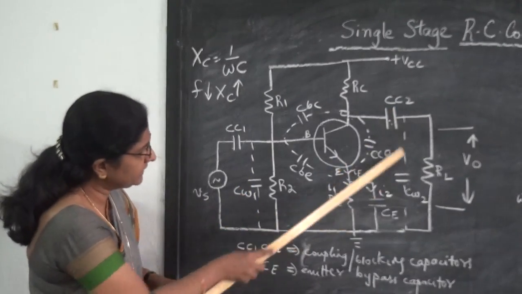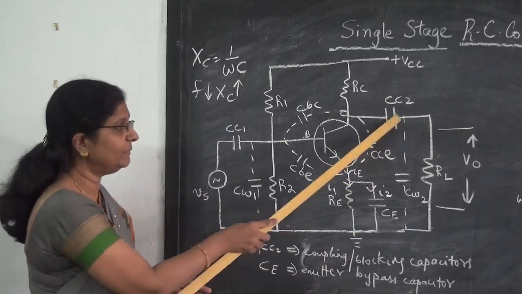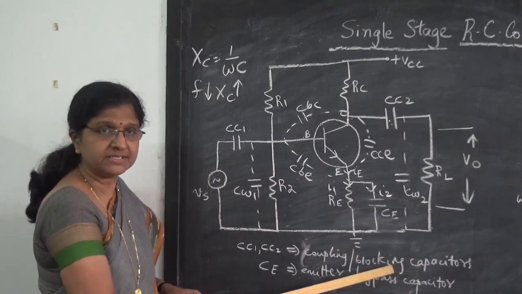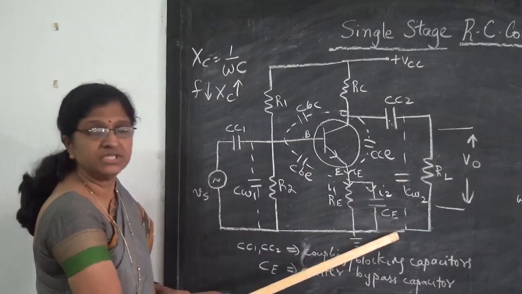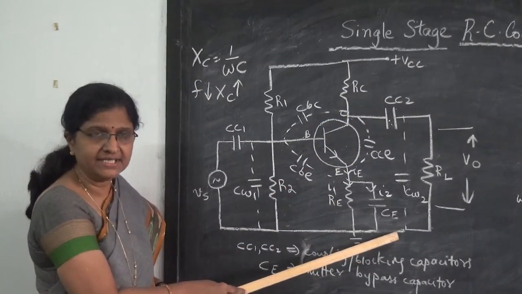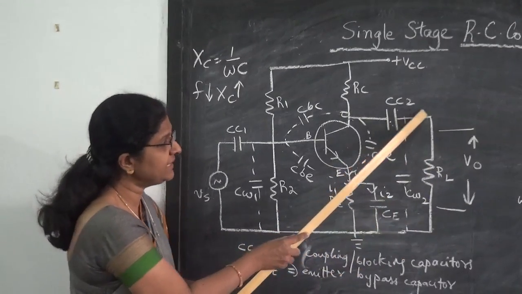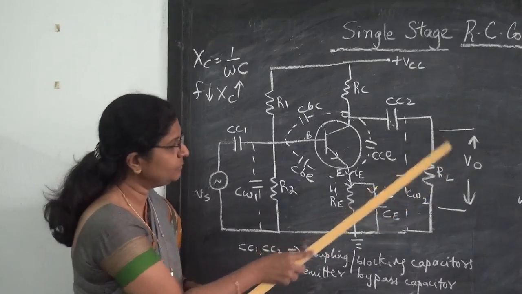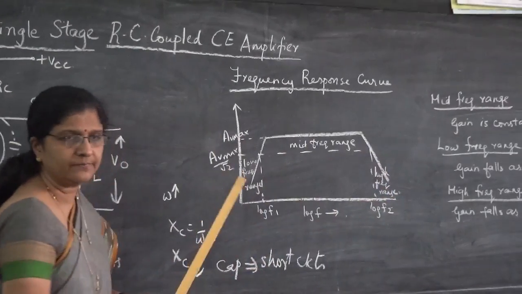At the output side, CW2 in parallel with CCE forms a shunt capacitor, CS. Now the current which flows will choose the path of low reactance of the shunt capacitance. So output voltage decreases, only the remaining current flows through here. So it is found that gain also falls.